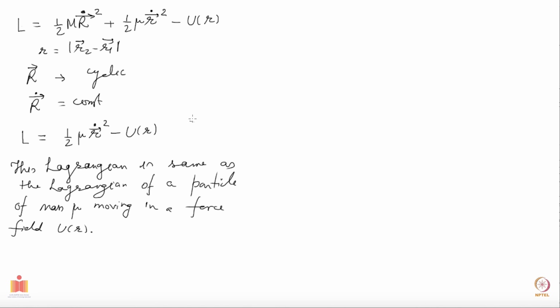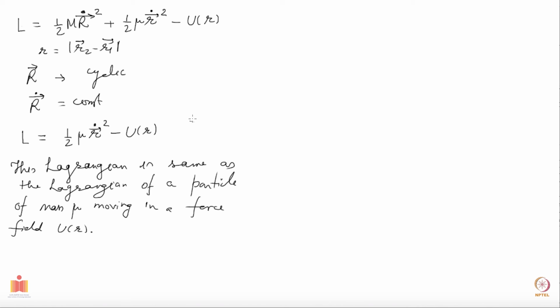Okay, so we will now proceed from here and ask whether I can further make a better choice of coordinates. I went from R1 and R2 to capital R and small r, which was the center of mass and the separation between the two particles, which immediately gave me a cyclic coordinate, and I could get rid of that coordinate from my Lagrangian.